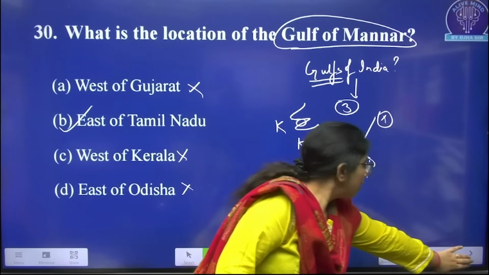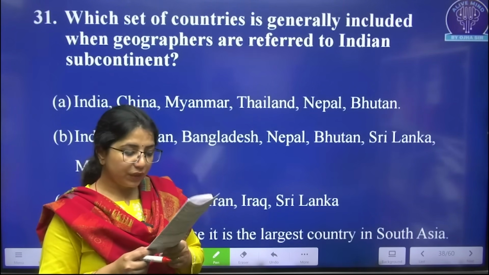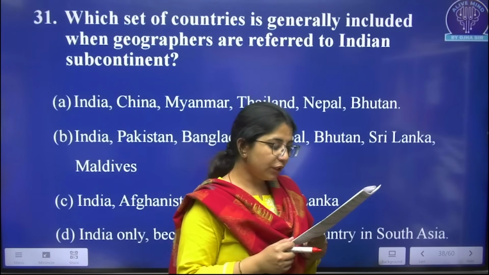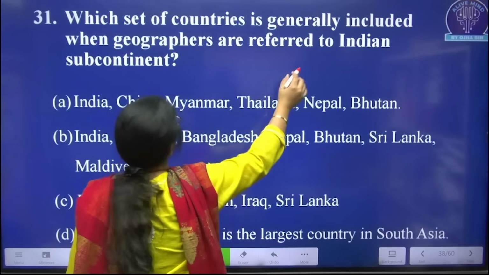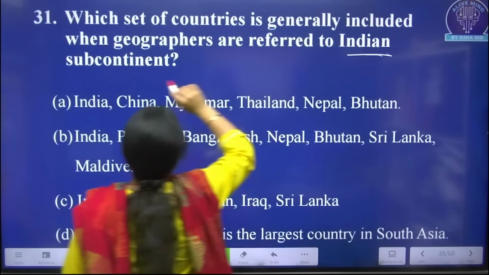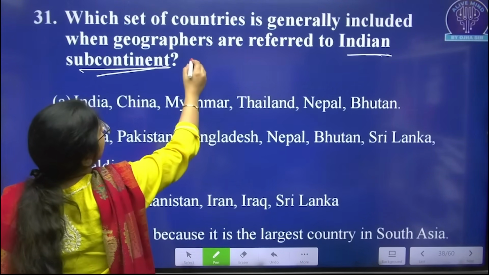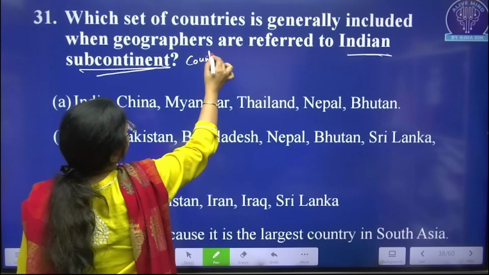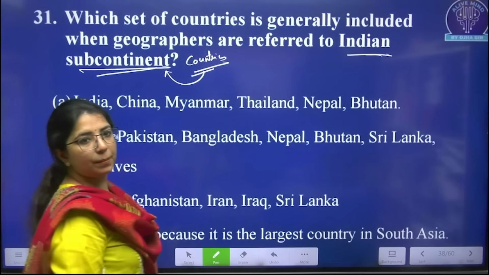Right? Then the next question is, which set of countries is generally included when geographers refer to the Indian subcontinent? I told you in the very starting that you have to know the countries which are included in the Indian subcontinent.